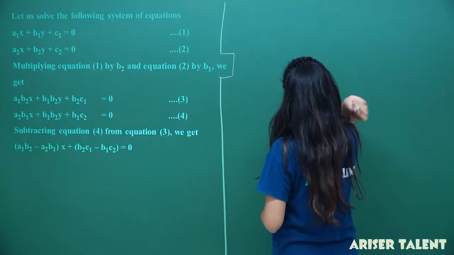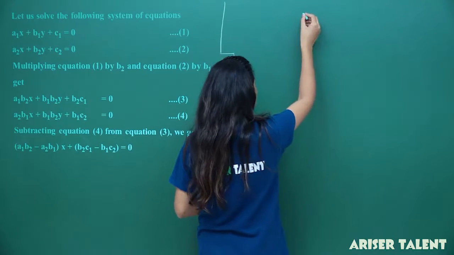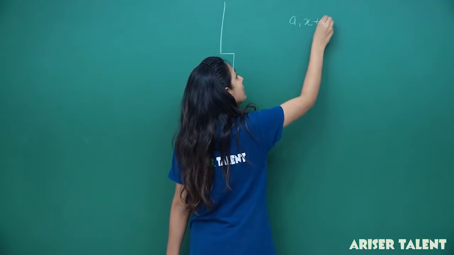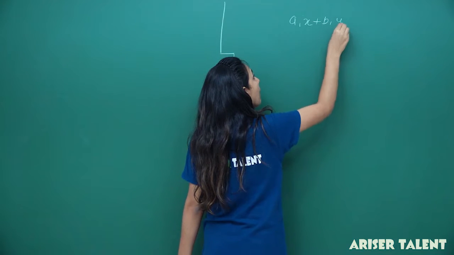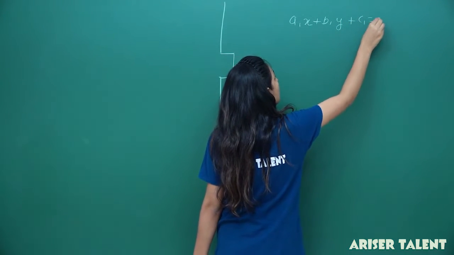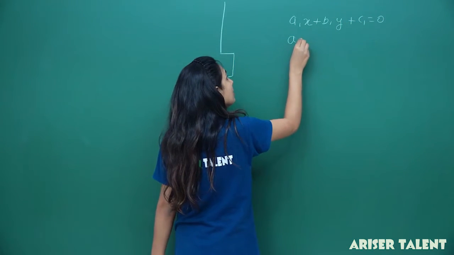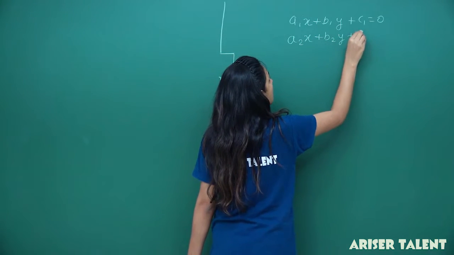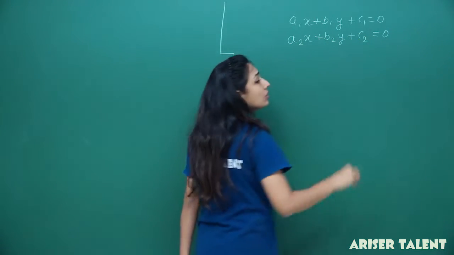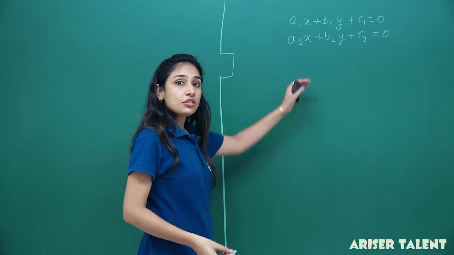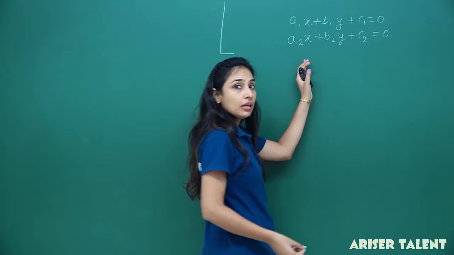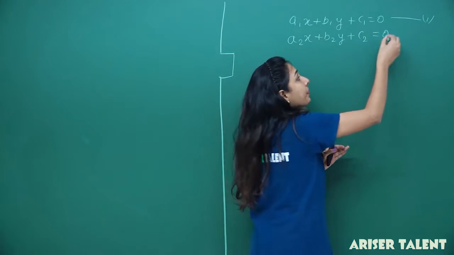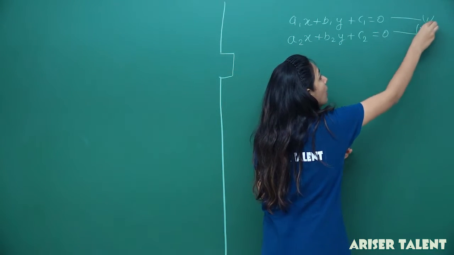Talking about this, I have the equation a1x plus b1y plus c1 equals 0, and a2x plus b2y plus c2 equals 0. Mark it here: this is equation 1 and this is equation 2.